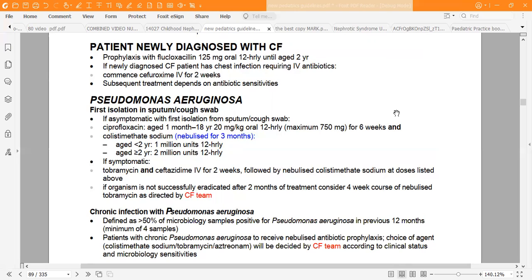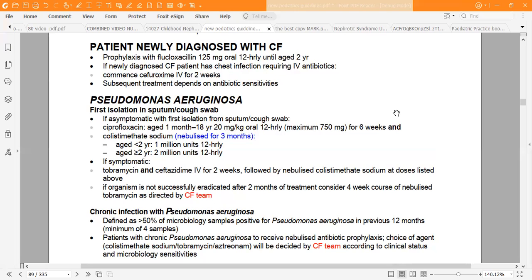What does CC mean? That's to make it easier for you to memorize. CC means ciprofloxacin and colistimethate sodium. So if he has no symptoms, but you have got Pseudomonas in his sputum or cough swab, you will start him on CC.